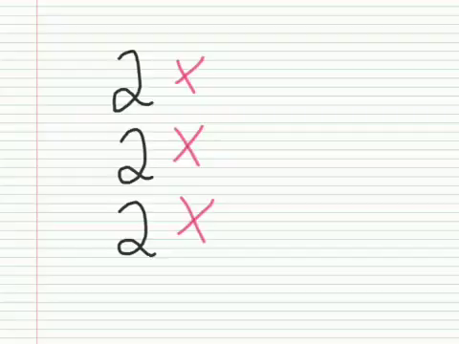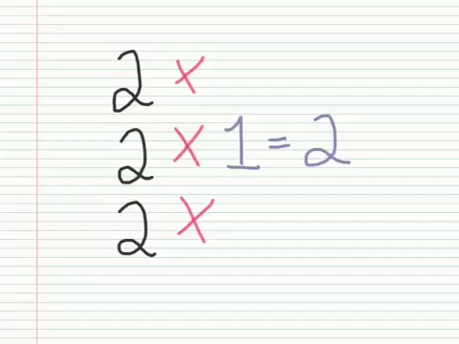So first, if we multiply 2 by 1, we should get 2. A number multiplied by 1 will give us that same number. That's called the identity property. Now, if we multiply by a number greater than 1, 2 times 2 is going to give us 4.